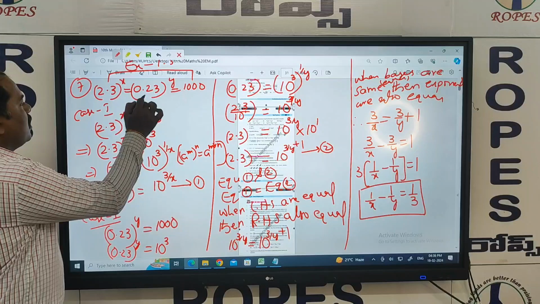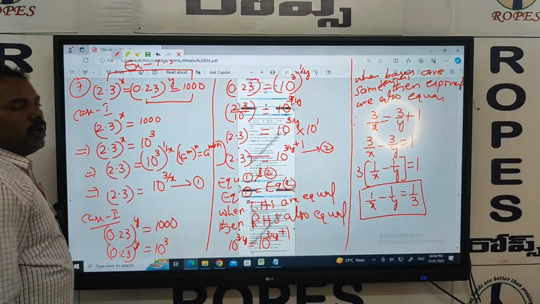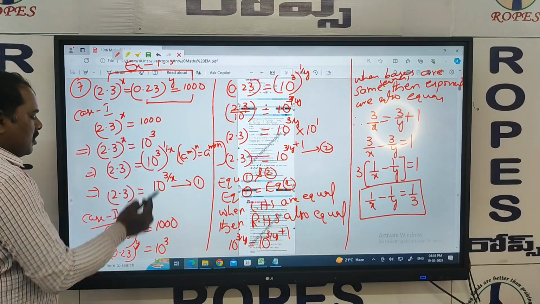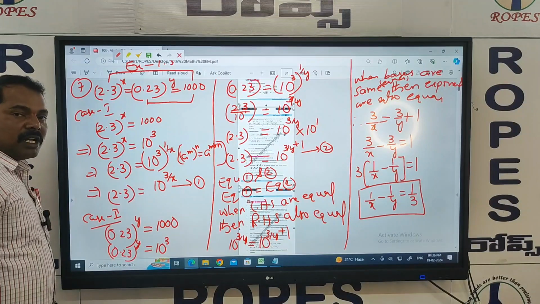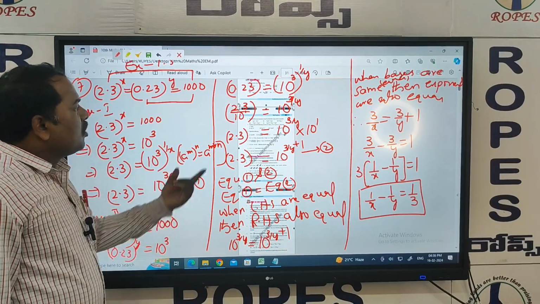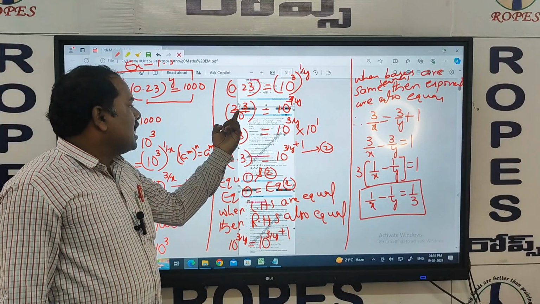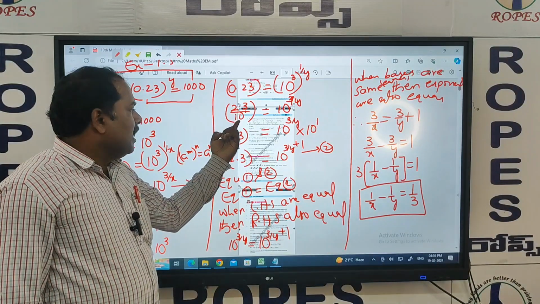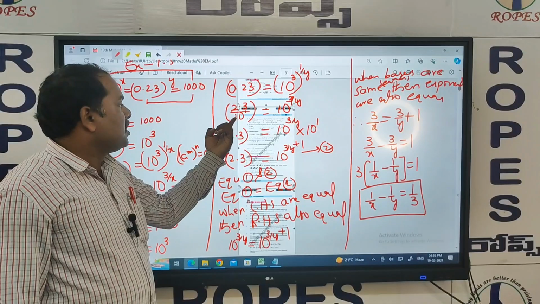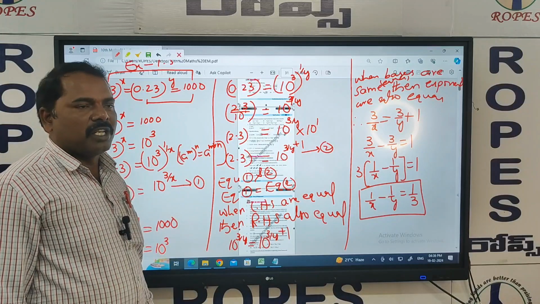In case 2, 0.23^y = 1000. 1000 again we can write as 10^3. Here 0.23 we can write as 2.3/10. If we divide by 10, again it gives 0.23.